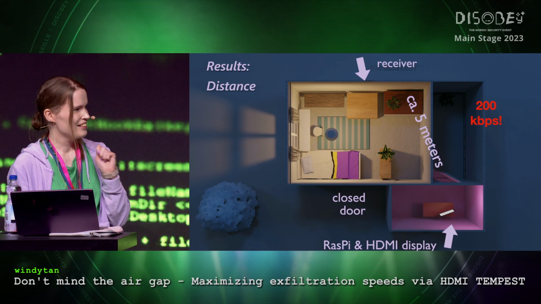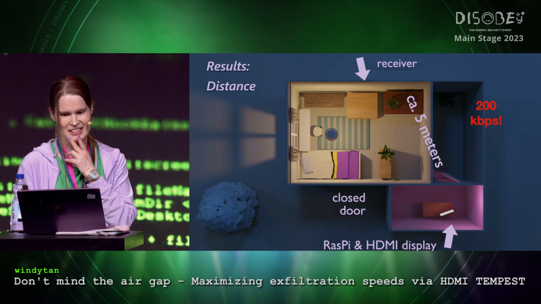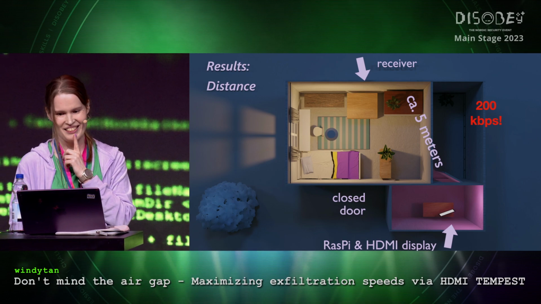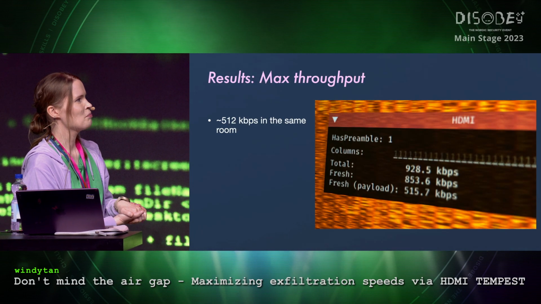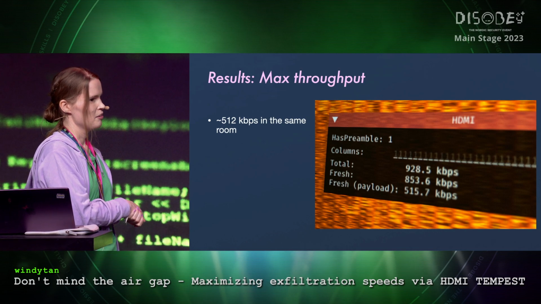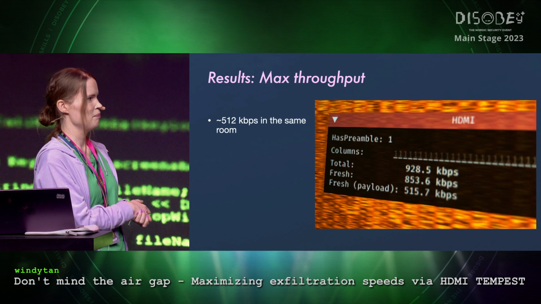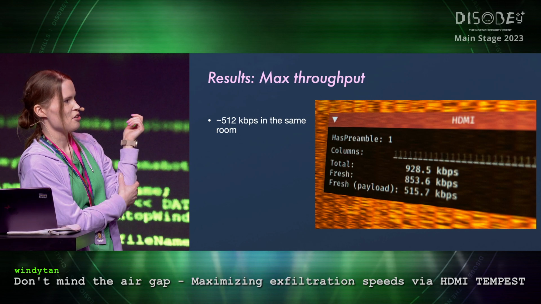So, of course, I got a little obsessed with putting as many bits through as possible. How much can we get? With this vertical setup, I was able to get about half a megabit per second in the same room. Here we have three different kinds of measures for the speed.